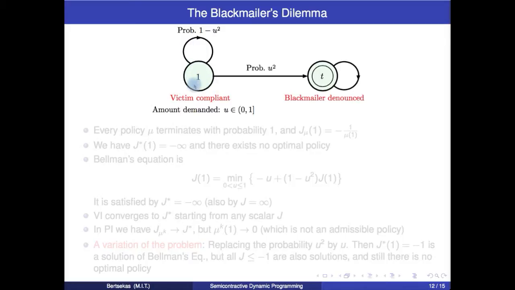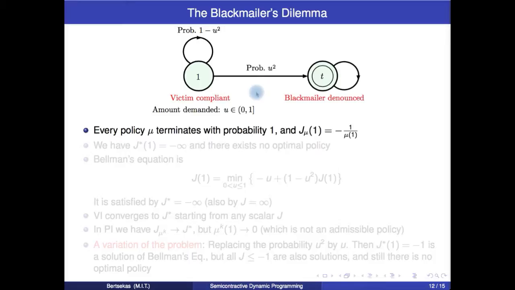And this process goes on continuously until the victim refuses to pay, and we get to the termination state, but the blackmailer gets to keep all his rewards up to that time.